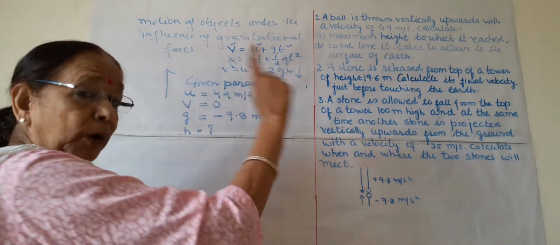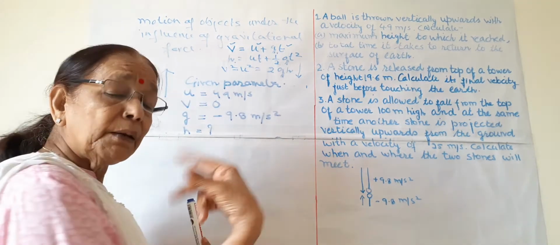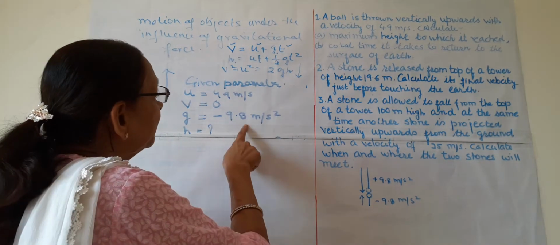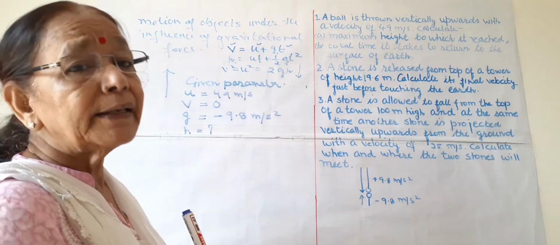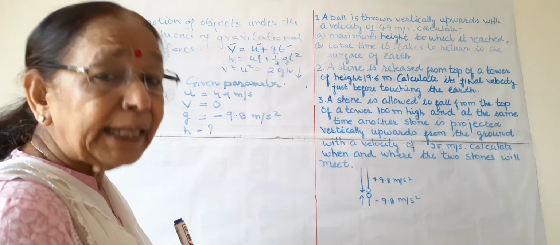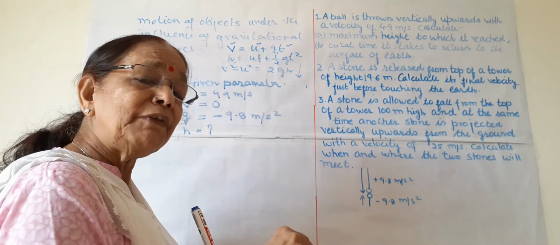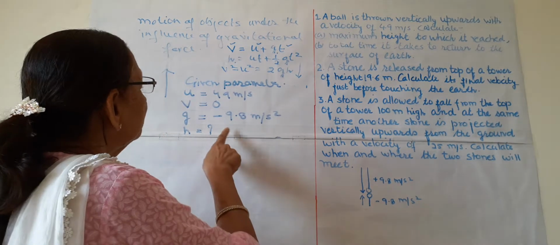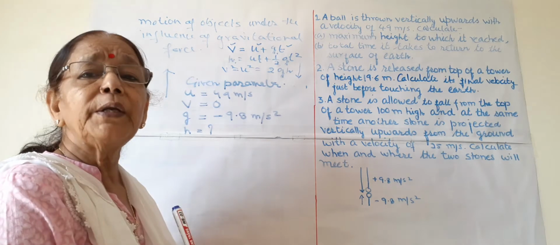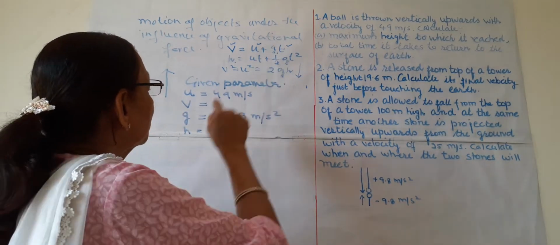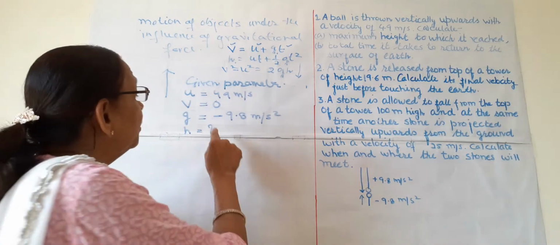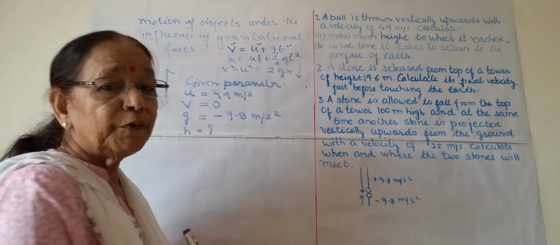Even if g is not given, we have to take 9.8 ourselves. Sometimes in the numericals it is given to take g as 10 meters per second square, then we will take 10, otherwise we have to take 9.8. And as the object is thrown up, we have to put a minus sign before this.